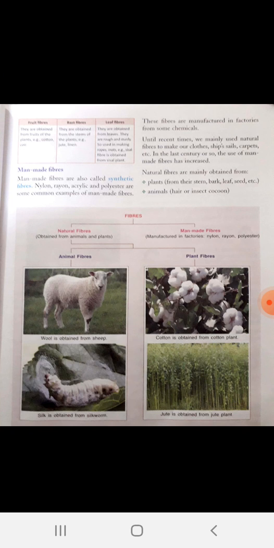Natural fibers we obtained from plant and animal, and man-made fibers are manufactured in factories, for example, rayon, nylon, and polyester.